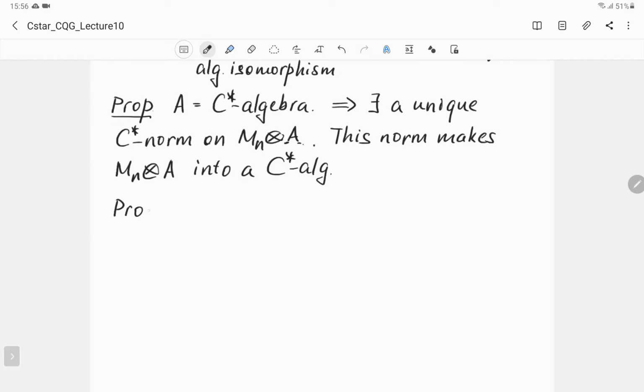To prove this result, we choose a faithful star representation of A on a Hilbert space. That's denoted by pi.